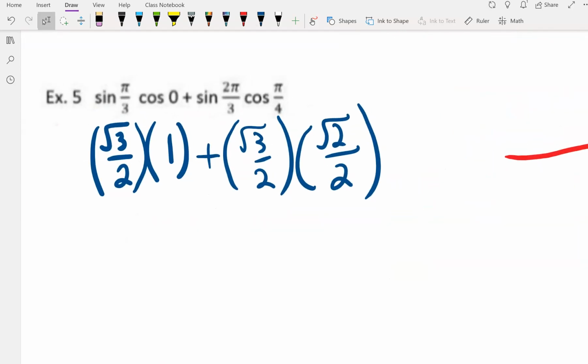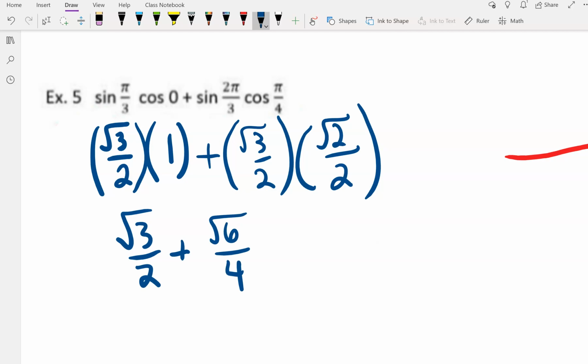All right, now we simplify. 1 times root 3 over 2 is root 3 over 2. Plus root 3 over 2 times root 2 over 2 is going to be root 6 over 4. We multiply the tops and we multiply the bottoms. But we need common denominators in order to add these.